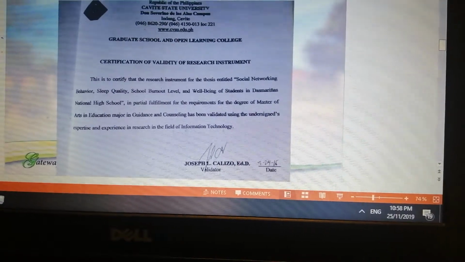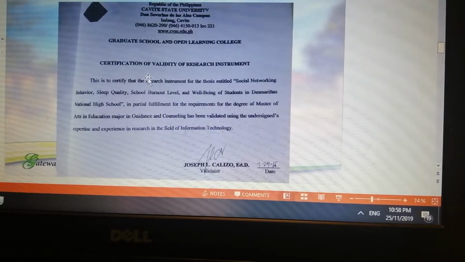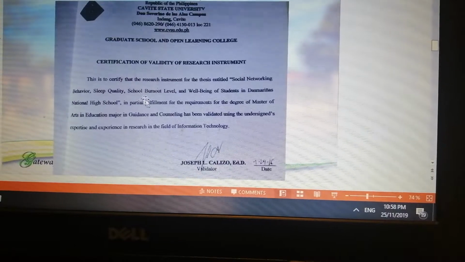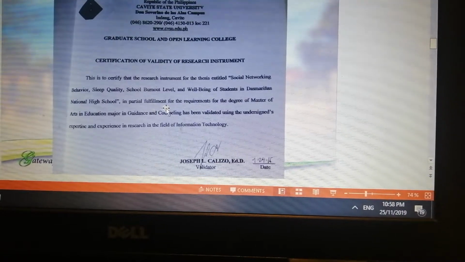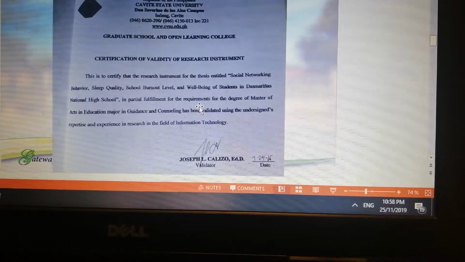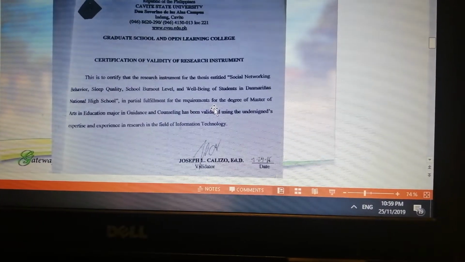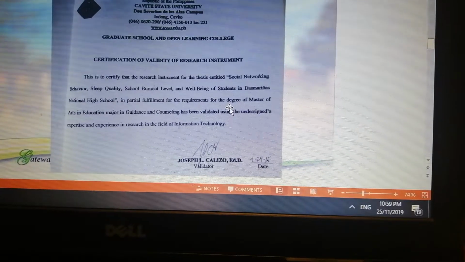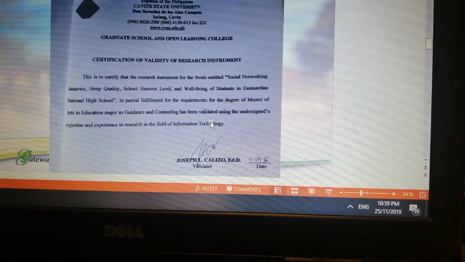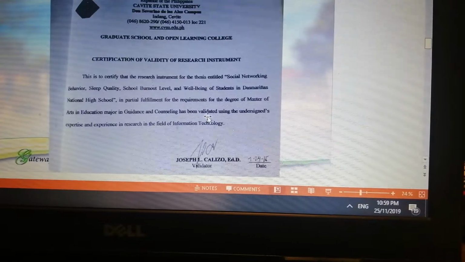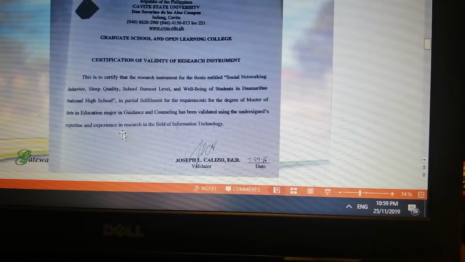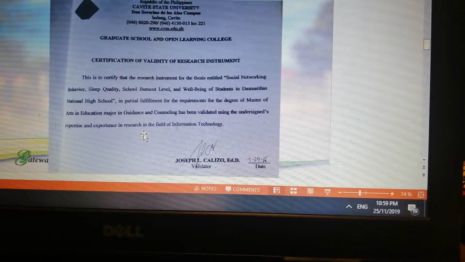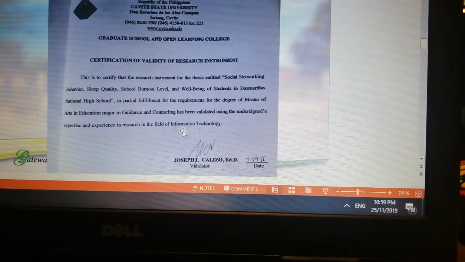For example, this is to certify that the research instrument for the research project entitled, then your title, in partial fulfillment for the requirements for research project has been validated using the undersigned expertise and experience in the field of, for example, humanities.